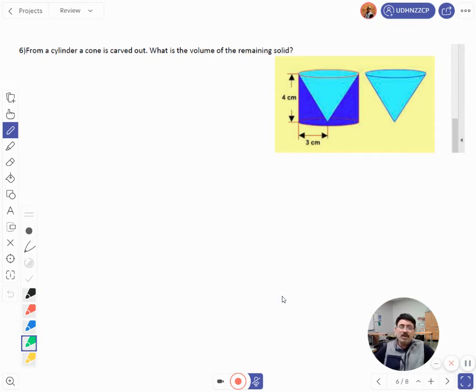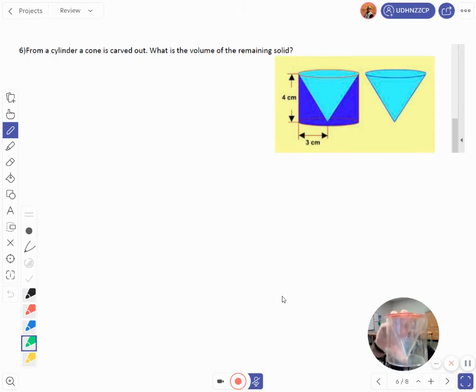First of all, try to understand the relation between a cylinder and a cone. If you take a cylinder and a cone having the same base and same height, the cone is a part of the cylinder, right?